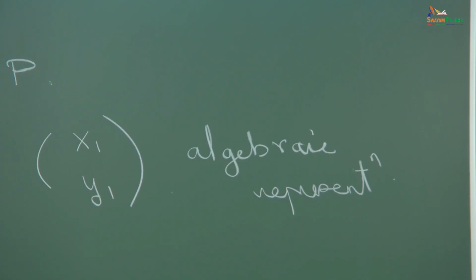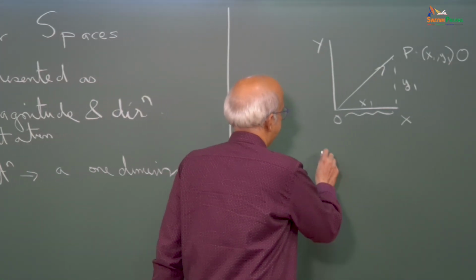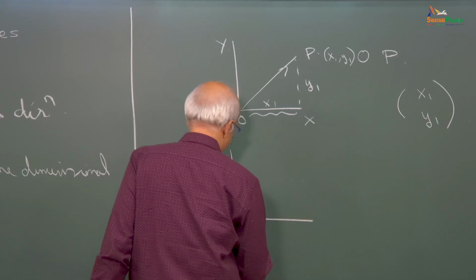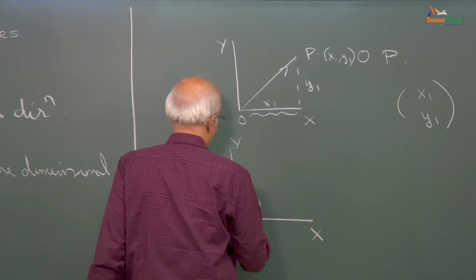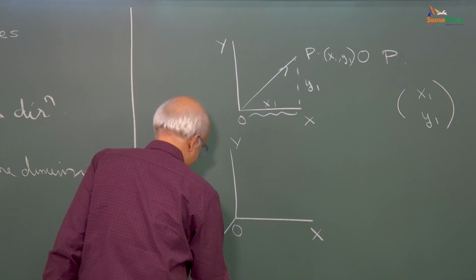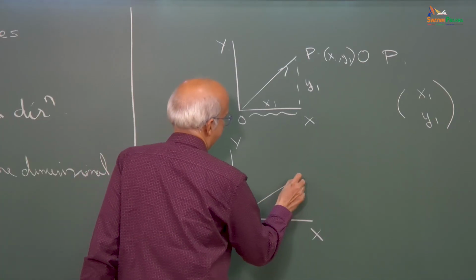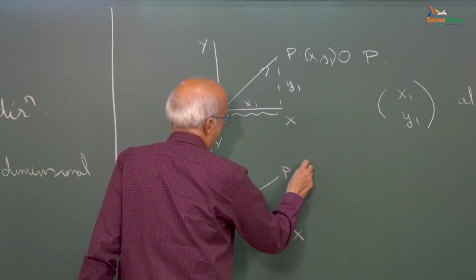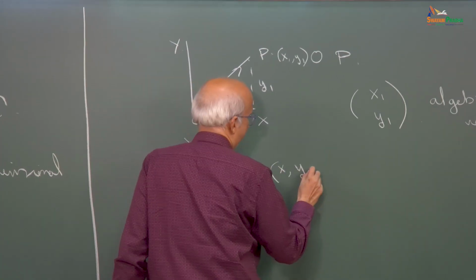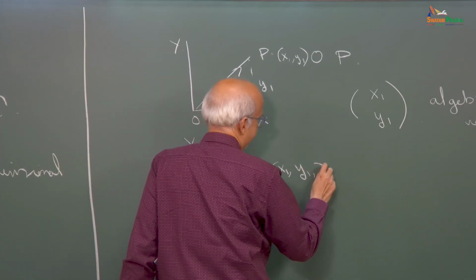To keep things simple, I have done this in a two-dimensional plane. You can think of this also in 3 dimensions, x, y and z, and now P will be somewhere here, and this will have 3 coordinates, x1, y1, z1.